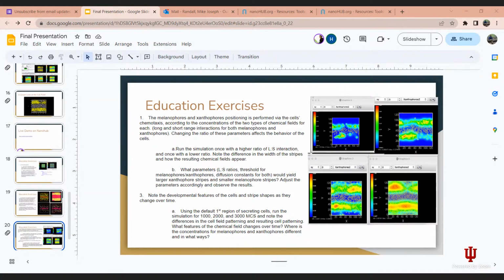Those are added in the worksheet for the exercises, just as a template, and how to create your own regions to explore the different shapes. And then just some suggestions for parameters for different.